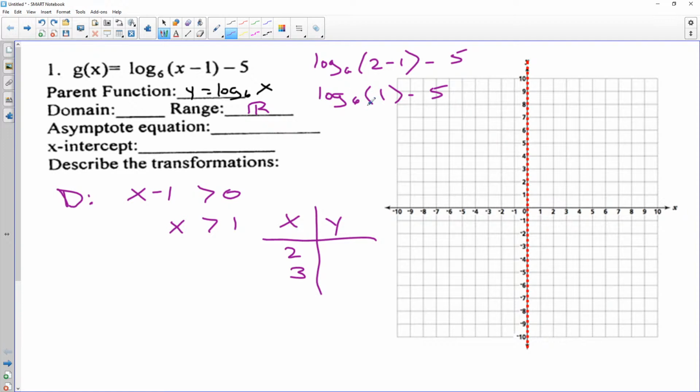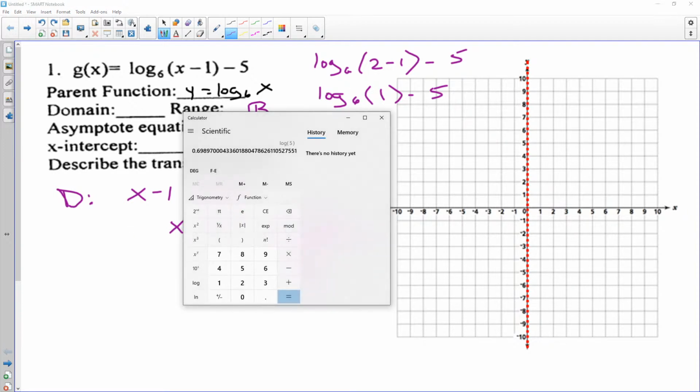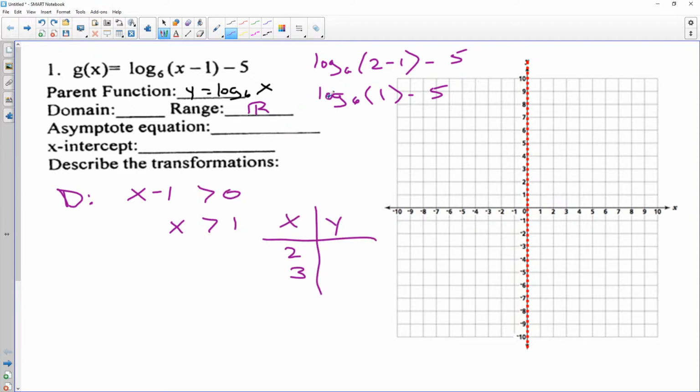You could use your change of base formula, which we learned about last time, and we'll do a little of that in a second. But for this one, we can just think about it. We're saying 6 raised to some power is equal to 1. If you remember your exponent rules, anything raised to the 0 power is 1. So this is actually a 0, minus 5, which is -5.